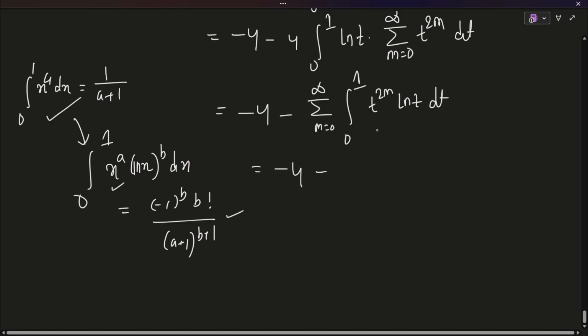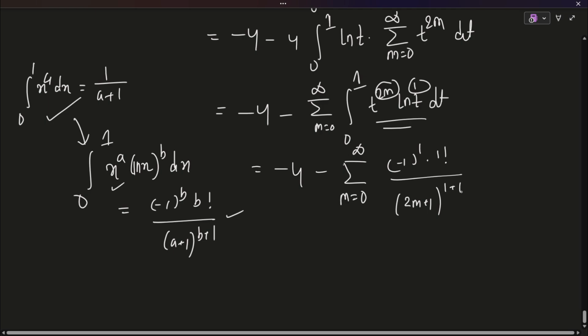Minus 4 times, and now we know that here a is 2m and b is 1 according to our result. So this should be equal to the sum m equals 0 to infinity of minus 1 to the power 1 into 1 factorial by 2m plus 1 whole to the power 1 plus 1.